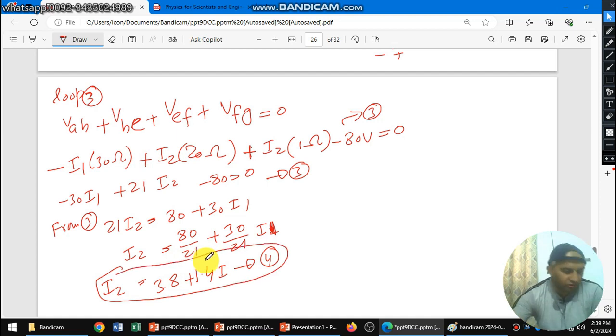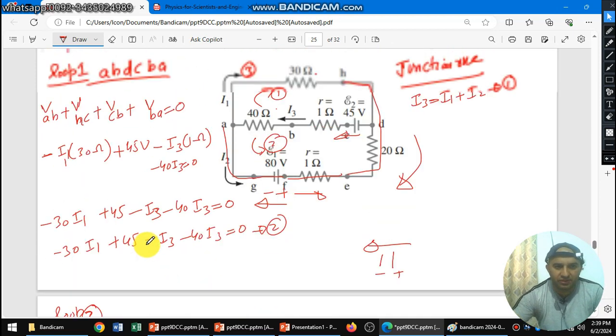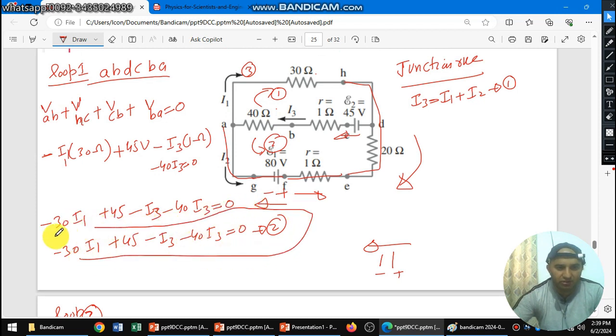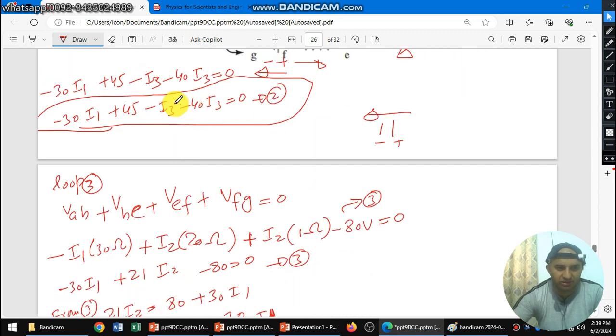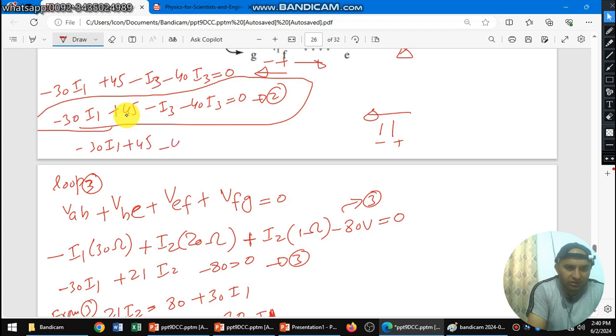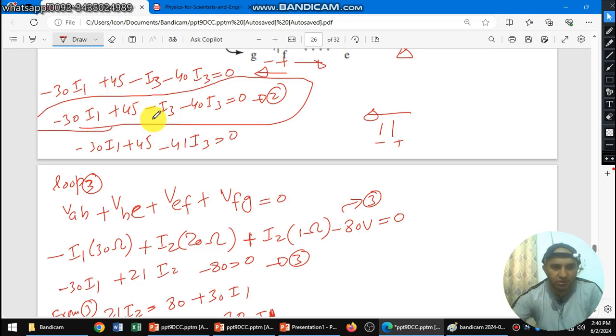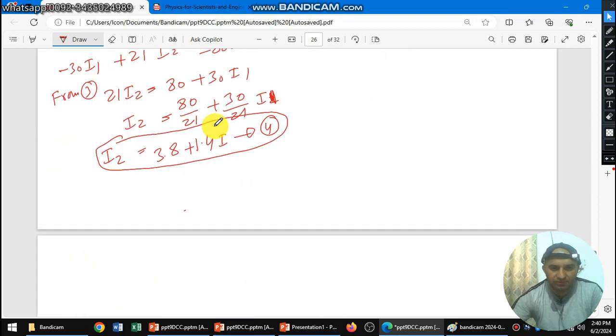From equation 2 we find I3. Equation 2 is minus 30 I1 plus 45 minus 41 I3, which is equal to 0.